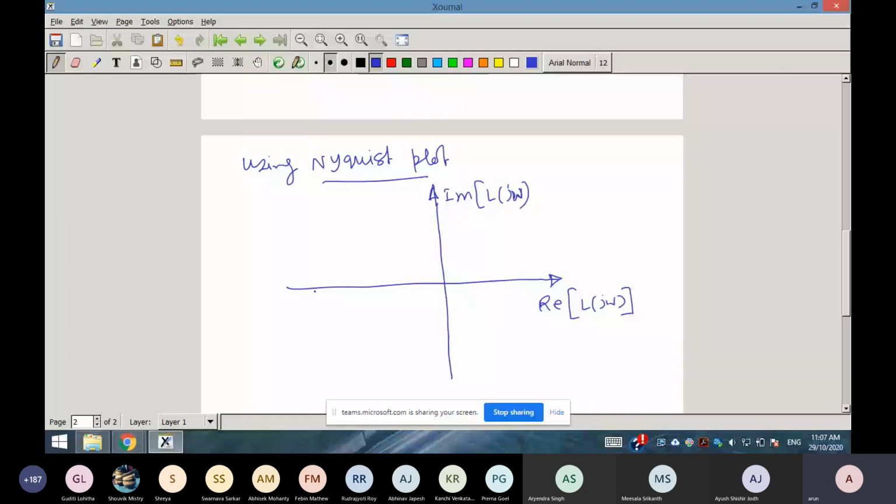So loop transfer function LS is GS into CS or CS into GS. For a SISO system, GS into CS equals CS into GS. It doesn't matter. So the Nyquist plot for this LS will be like this if you draw it. Please check it, I'm just drawing.